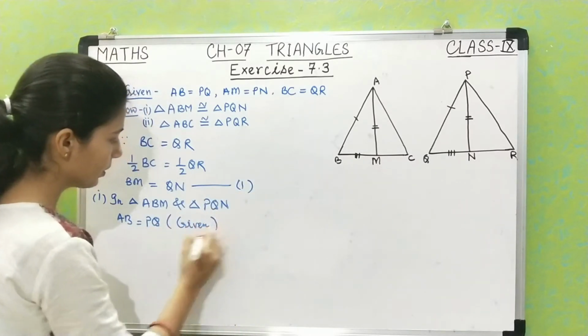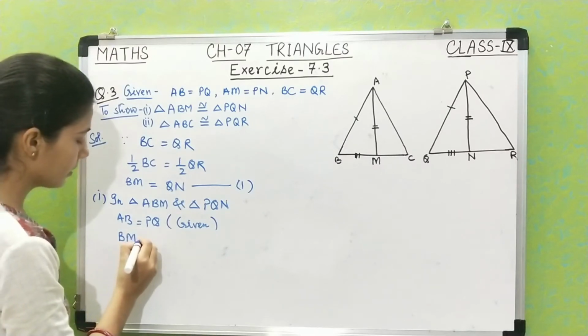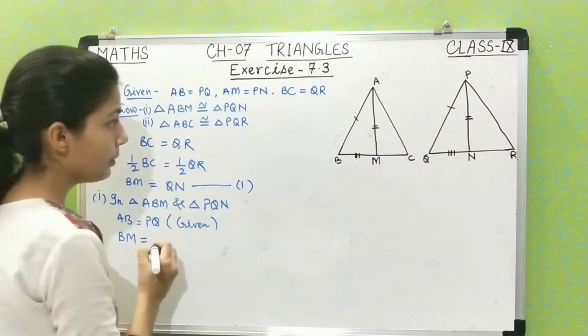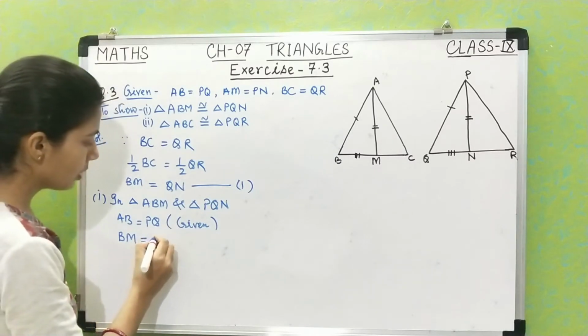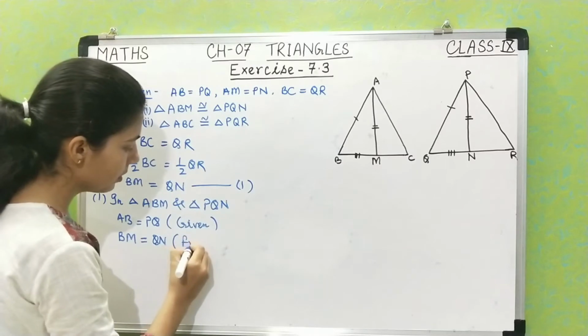And the second side of triangle ABM, BM equals QN. This we write from equation 1.